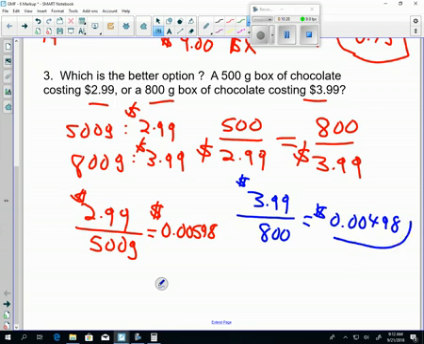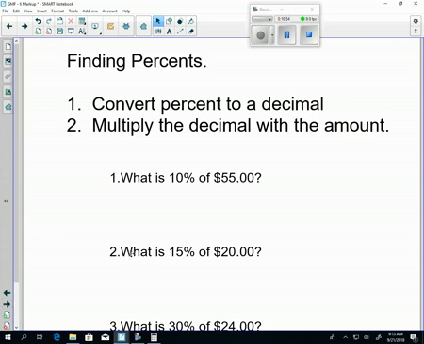This one here. So the 800 gram box is going to be cheaper. Generally it will be the bigger box or the larger box. Generally, not always though, but you have to check. It's a pretty good chance that when you buy something in a bigger box like 800, you're going to pay less per unit. Okay, so let's look today at what our lesson is on markups.